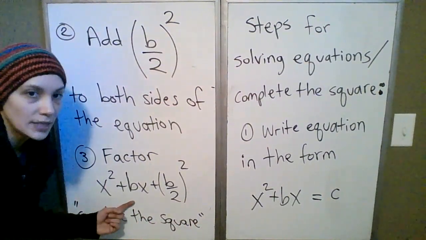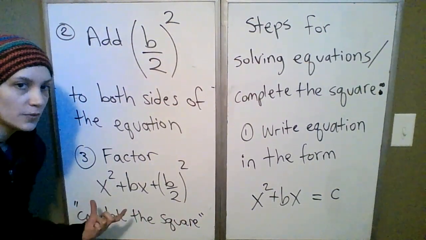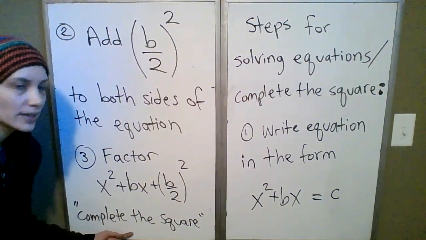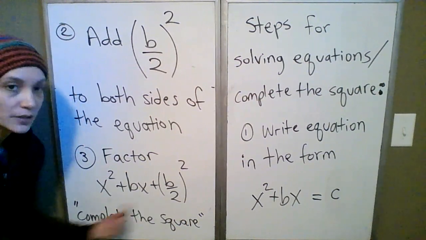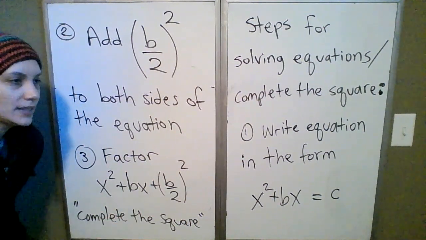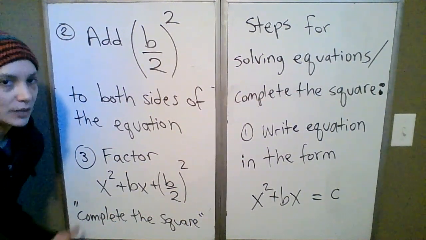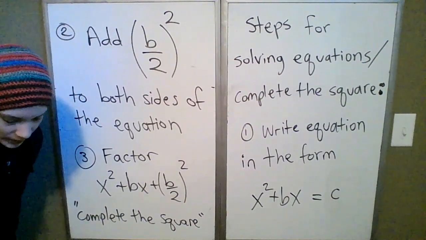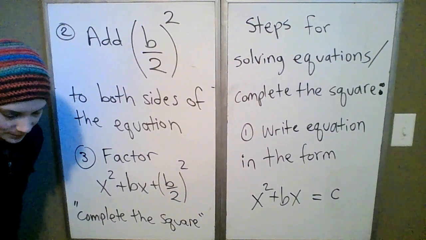So what we'll be able to do is take this and write it as some factor squared. So that's part of the name completing the square, is write this as some value squared. Or I like to also think about the picture I'm going to draw, which is also a square shape. Okay. And after that, we can square root both sides to solve for x.